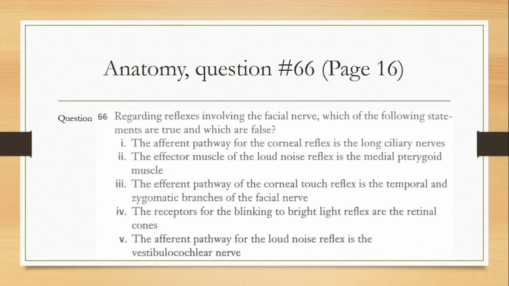And also about anatomy, there is the question number 66. It asks about reflexes involving the facial nerve. And the statement number two says that the effector muscle of the loud noise reflex is the medial pterygoid muscle, which is wrong.